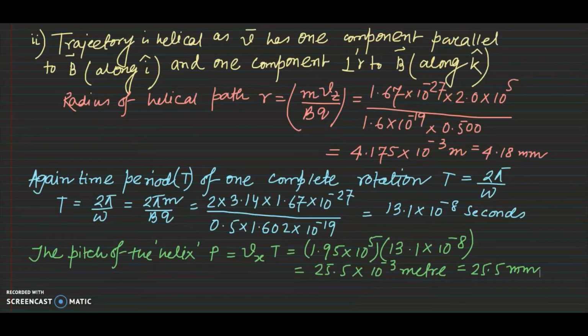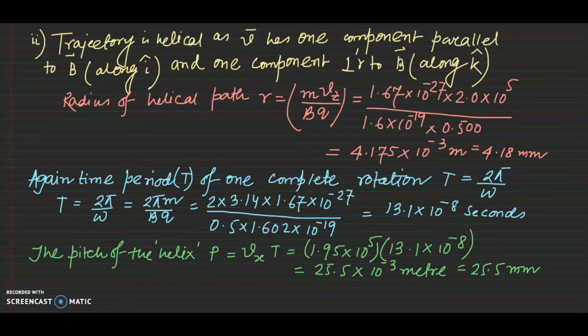Now for the second part, the trajectory is helical, because as I have discussed before, the velocity is not acting in a single direction. The velocity has one component parallel to B, the magnetic field, that is along i cap, and one component perpendicular to B, that is along k cap.